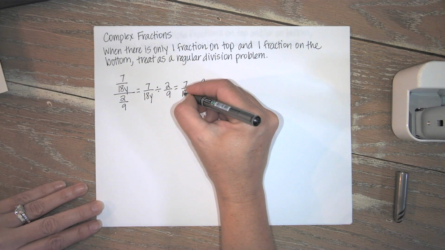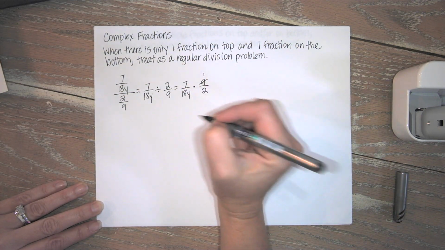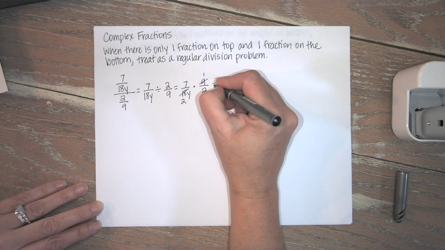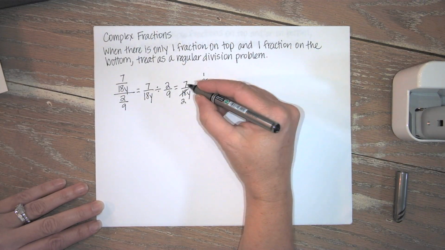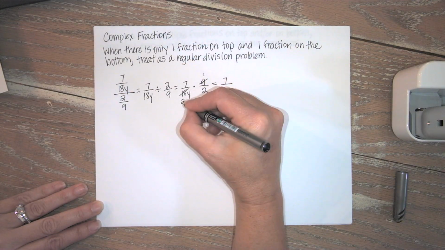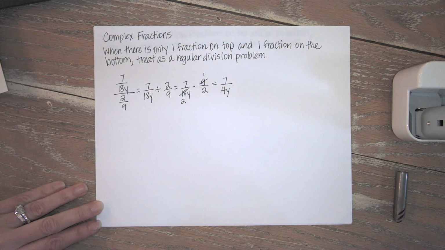I see that I have a 9 and an 18 here, so I know I can simplify those. 9 goes into 9 one time and into 18 two times, and I think that's all I can simplify. Then I'm going to multiply straight across. 7 times 1 is 7. 2 times 2 times y would be 4y. So that's going to be the answer on that one.